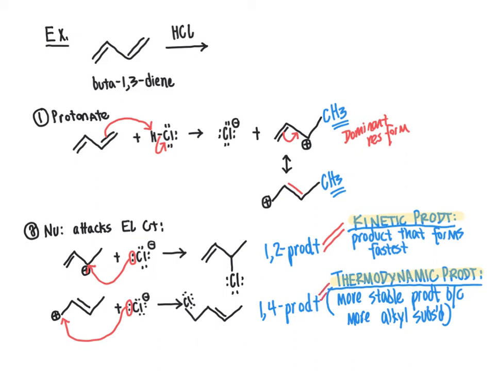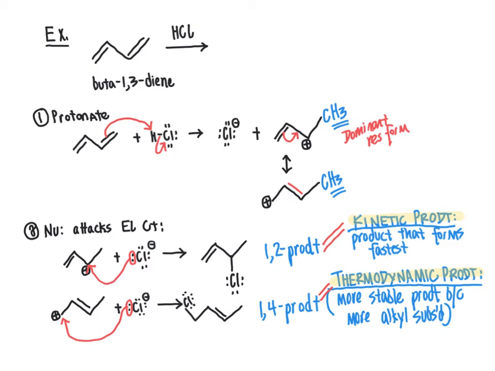So at the intermediate stage, our most stable dominant resonance form at that stage leads to an alkene product, the 1,2 product, that is the less stable of the two final products, but it forms faster due to the fact that the intermediate has a lower energy.